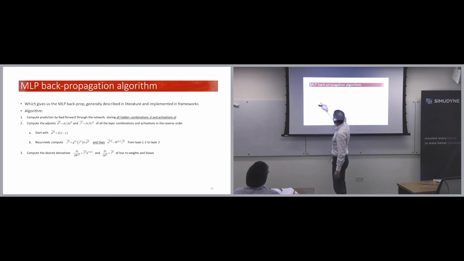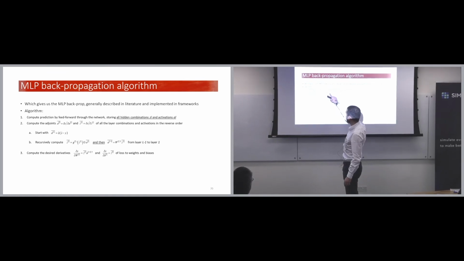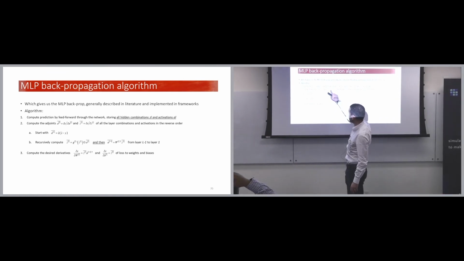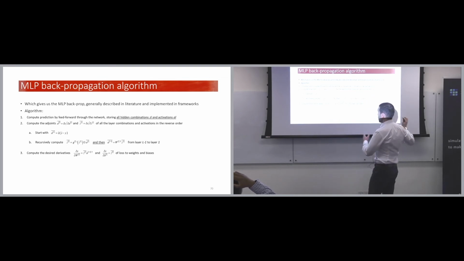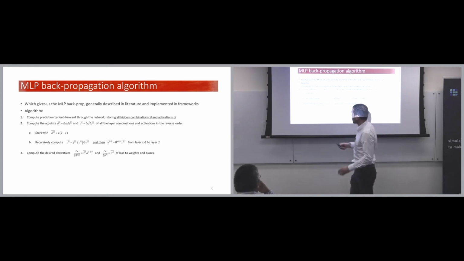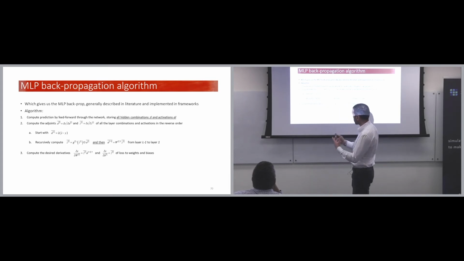Then we compute the adjoints of all the activations AL, which are by definition dC over dAL, and also of ZL, which are by definition dC over dZL, of all the layer combinations and activations, and we compute them in the reverse order, as we have just seen. We start with the adjoint of the output layer, which is just a real number equal to 2 prediction errors with the current weights.